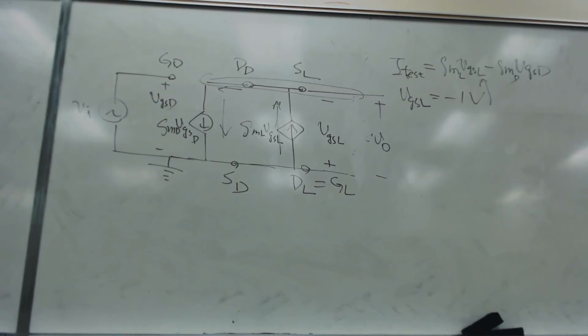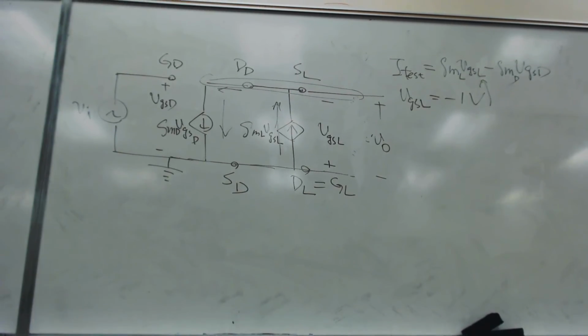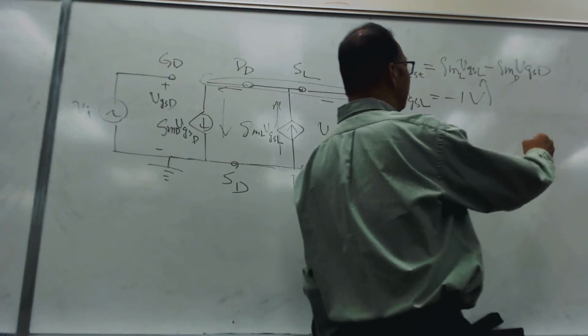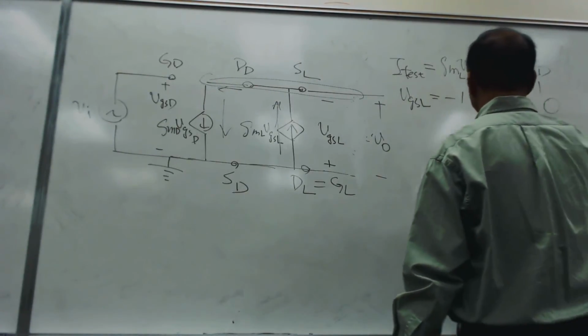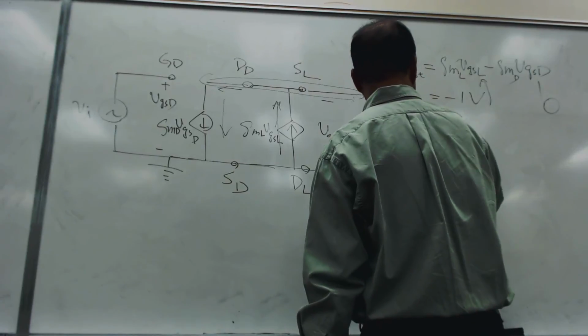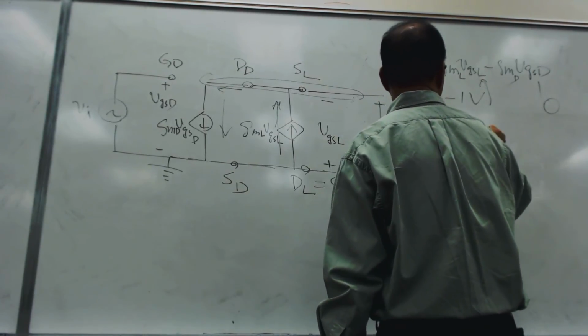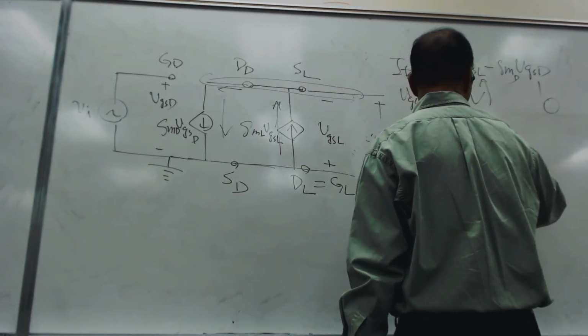What is the voltage? It's 0. There's no voltage. This is short, by the way, so you are talking about voltage across a short. So VGSD is 0. Therefore, I test is equal to minus GML.